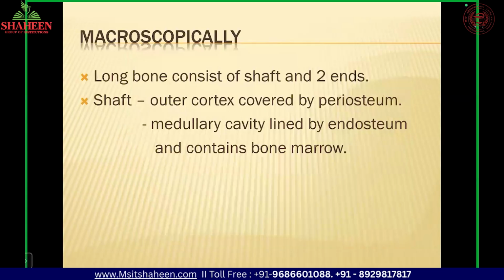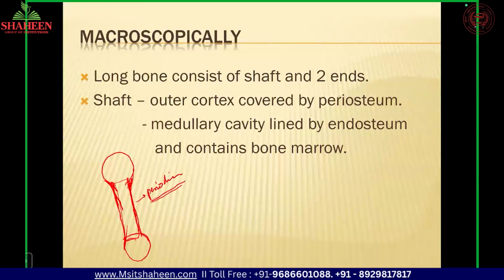Macroscopically, the long bone has a shaft and two ends. The shaft, outermost, is covered by the periosteum, and the two ends are also covered by periosteum. So the outer lining will be the periosteum.